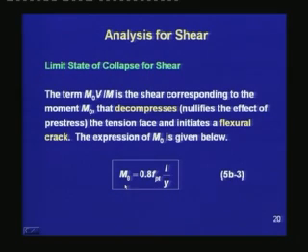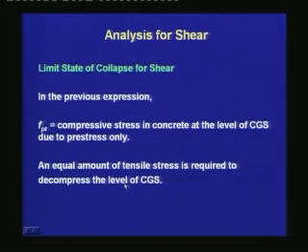M0 is taken as 80% of that moment. In this expression, fpt is the compressive stress in concrete at the level of CGS due to prestress only. An equal amount of tensile stress is required to decompress the level of CGS.